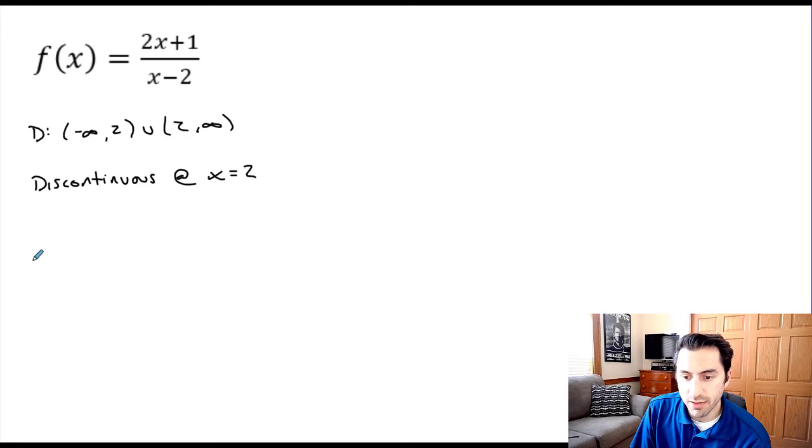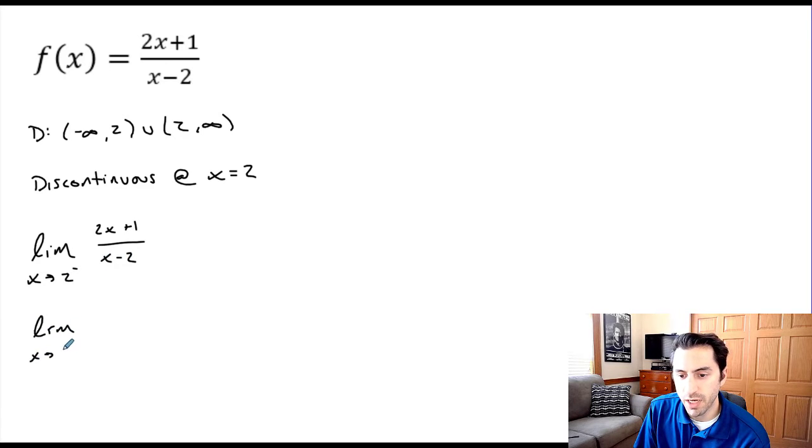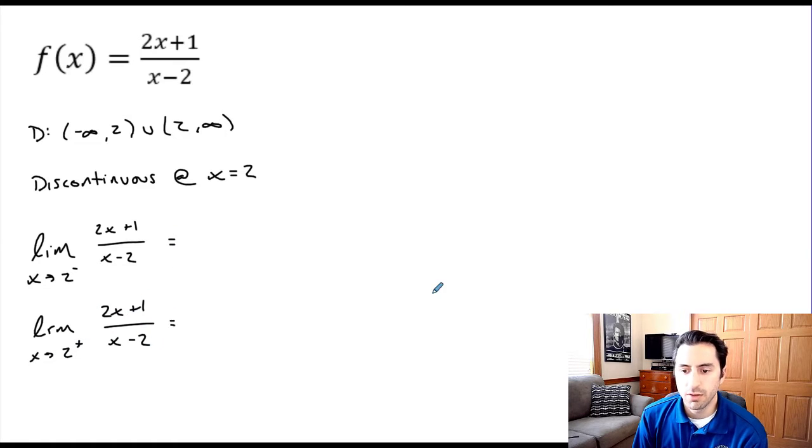Okay, so first off, that's what we want to use to test for a vertical asymptote. So we need to test the limit as x approaches 2 from the left of our function. And we want to test the limit as x approaches 2 from the right of the function. Okay, so we can do this with a table of values if we want, or just reasoning through this.